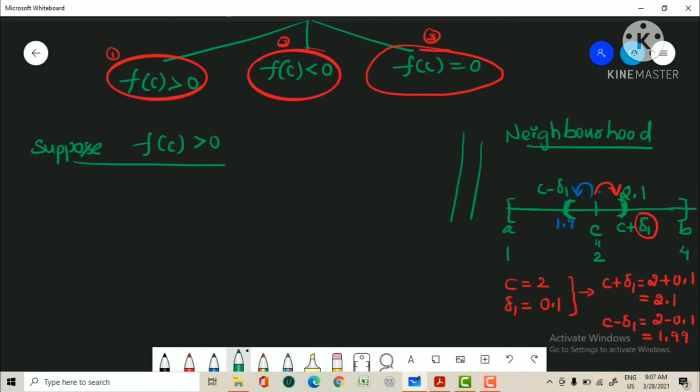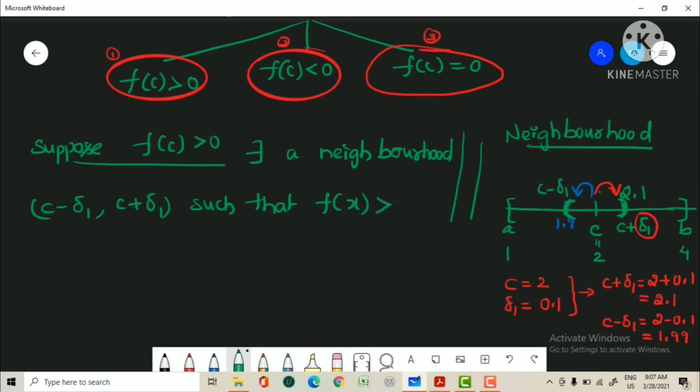So when this case happens, suppose f of c is positive, the theorem says there exists a neighborhood c minus delta 1 comma c plus delta 1 such that f of x value will always be greater than 0.